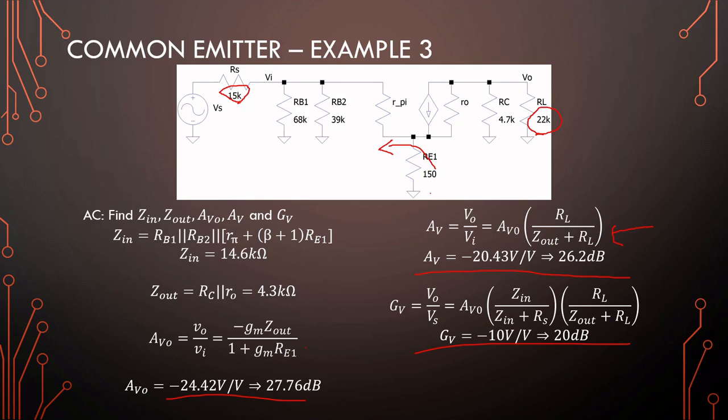But the input impedance and the source resistance are roughly the same values, so we can also see that our gain halved. Okay, so always remember, when an output impedance and a load are matching, this term will be equal to half. Same with the source.